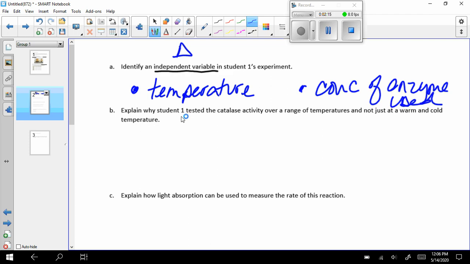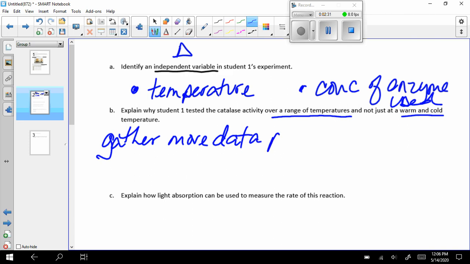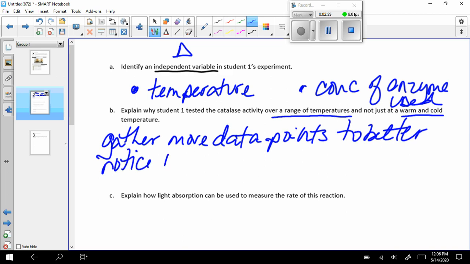All right, explain why student 1 tested the catalase activity over a range of temperatures and not just a warm and a cold. Okay, so anytime you do something over a range, it is to gather more data points to better notice trends in the data.